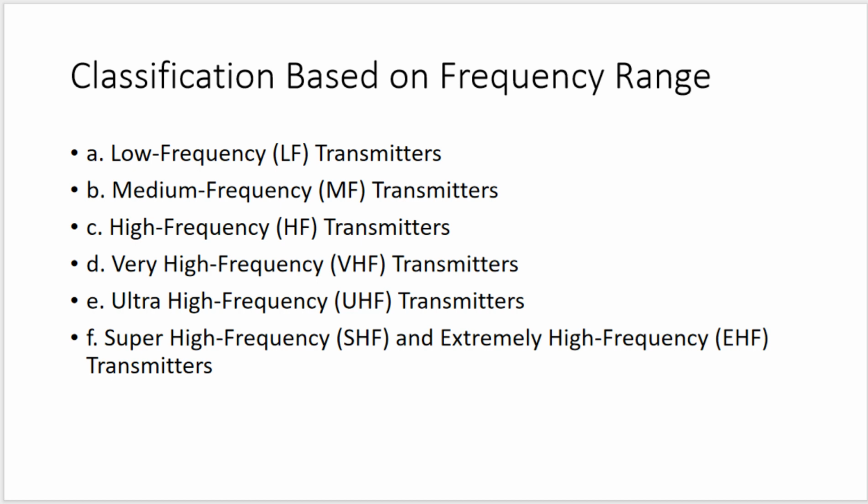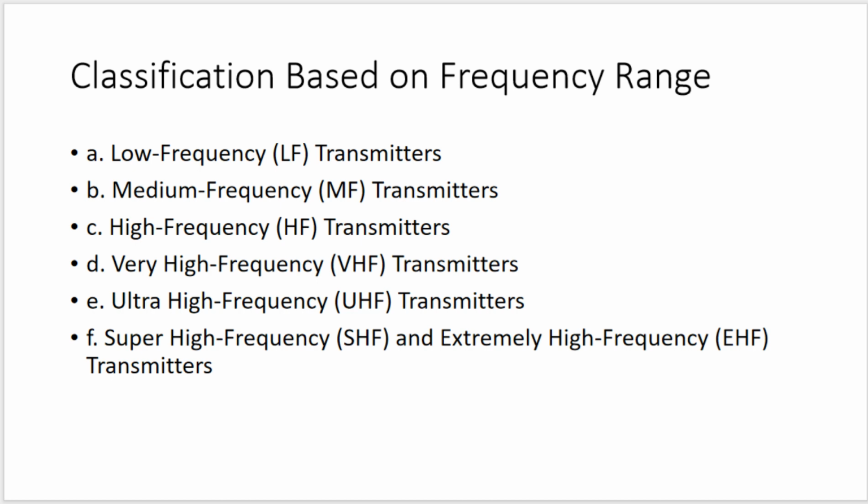And point E, the ultra high frequency transmitter, with a frequency range from 300 megahertz to 3 gigahertz, used in television broadcasting, mobile phones, and Wi-Fi.